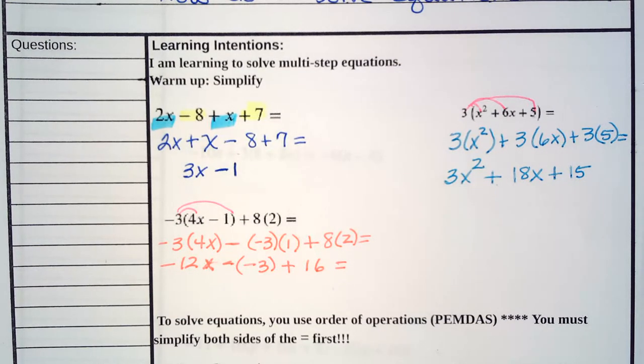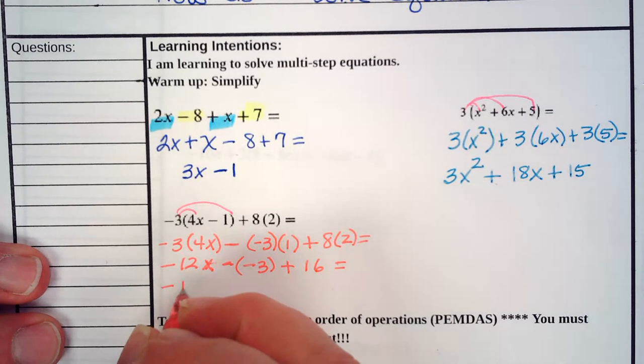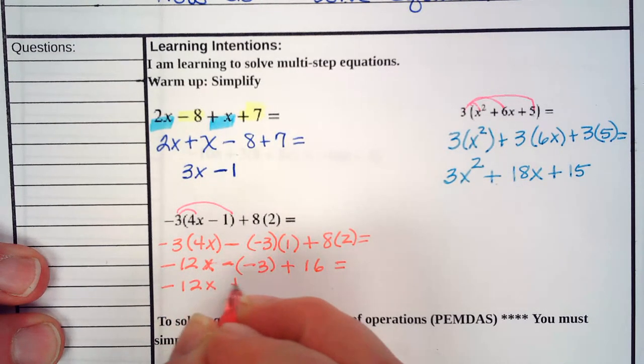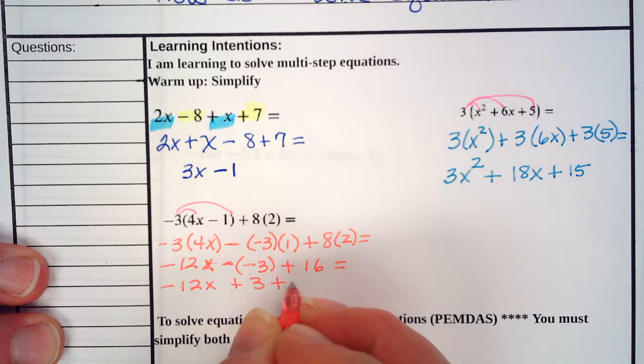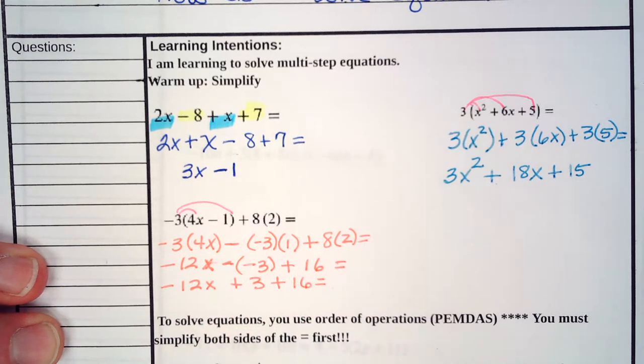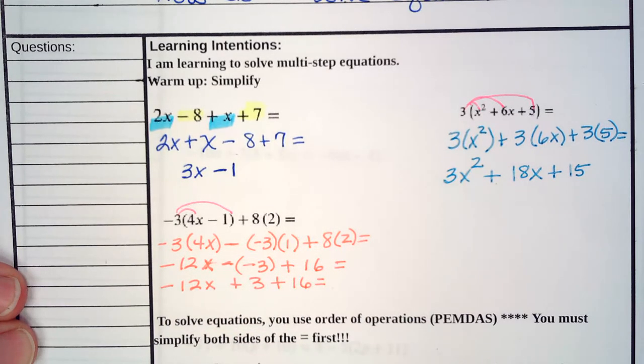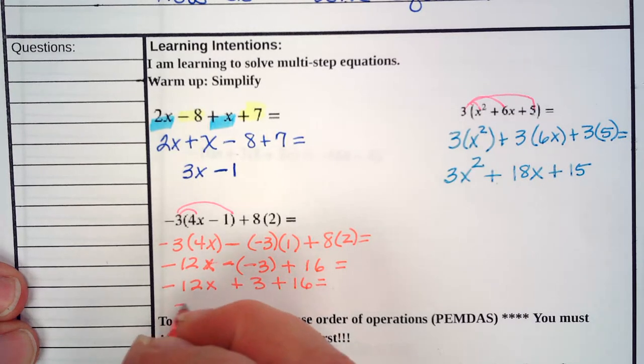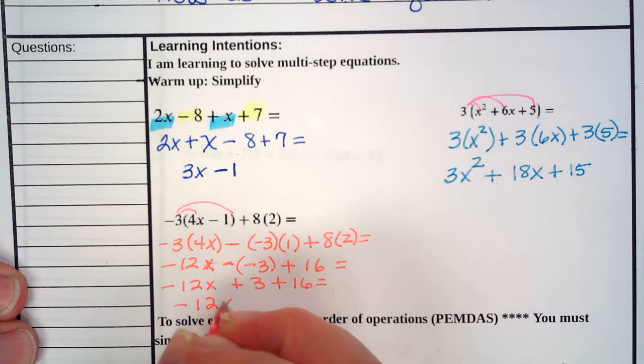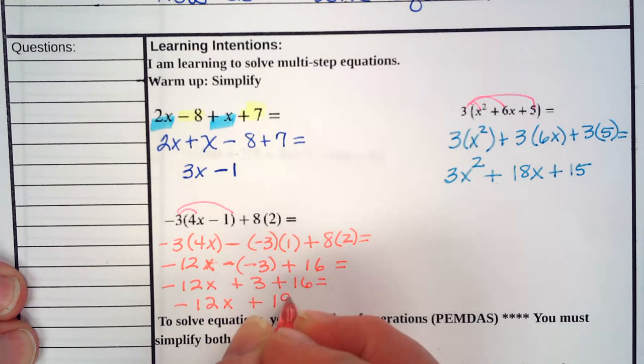Do we minus a negative? No, we plus a positive. Negative 12x plus 3 plus 16. Last step is to add your numbers together. Negative 12x plus 19.